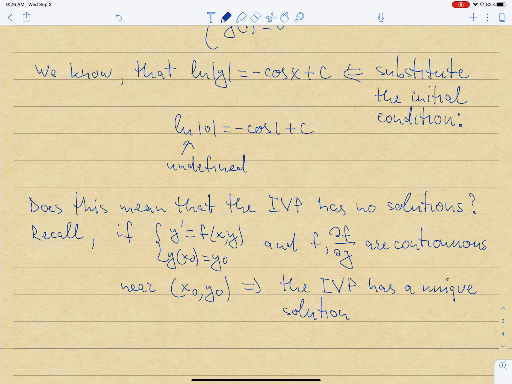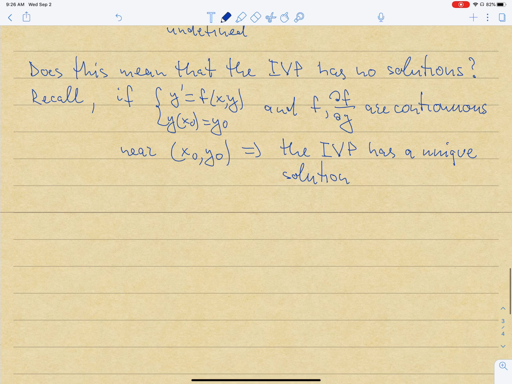So this is something that we certainly discussed before. So let's consider now our latest IVP, the initial value problem.